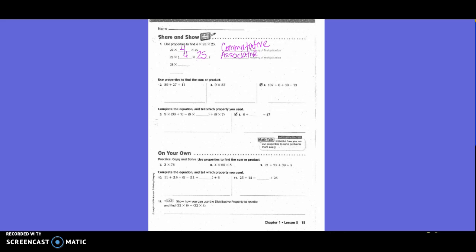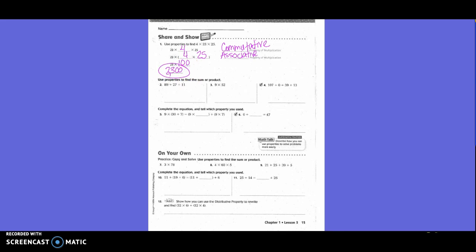So what is 4 times 25? 100, right? Because it's like 4 quarters, right? You get $1. So 23 times 100 is? 2,300. So I'd write 23 with 2 zeros, right?